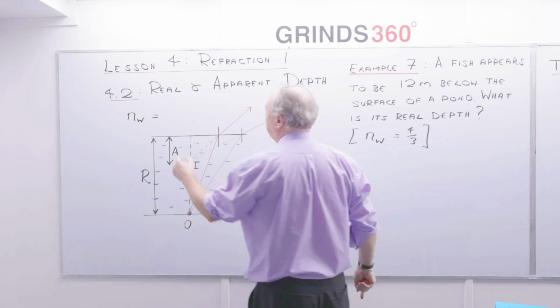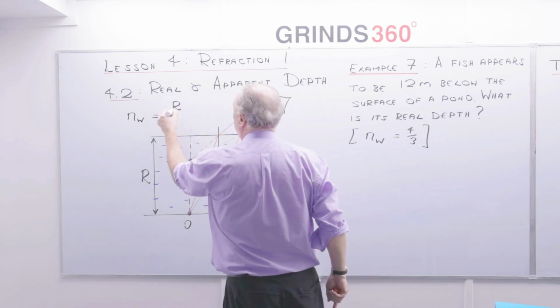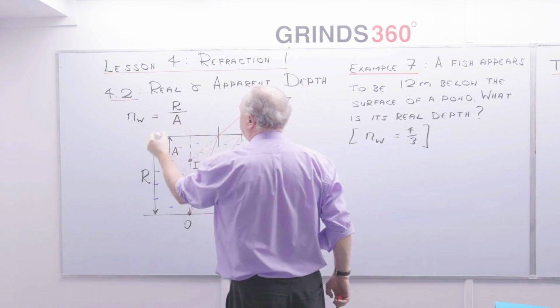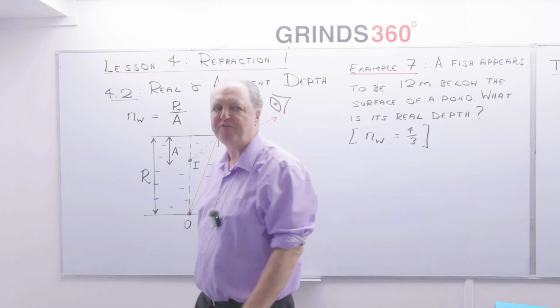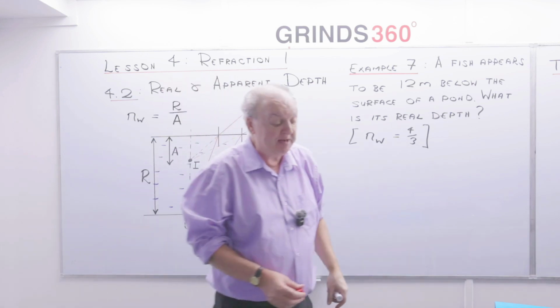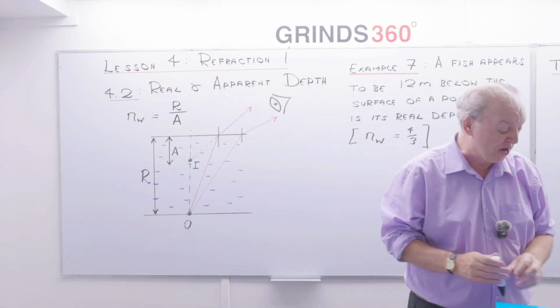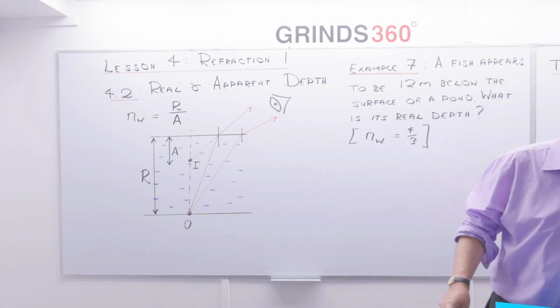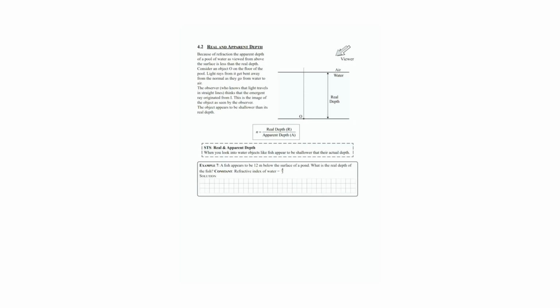So NW is equal to the real depth R divided by the apparent depth A. That formula is actually not in your table book, so you'll have to learn it. If I have a look at it in your notes, you see that formula there. The refractive index N is the real depth R divided by the apparent depth A.